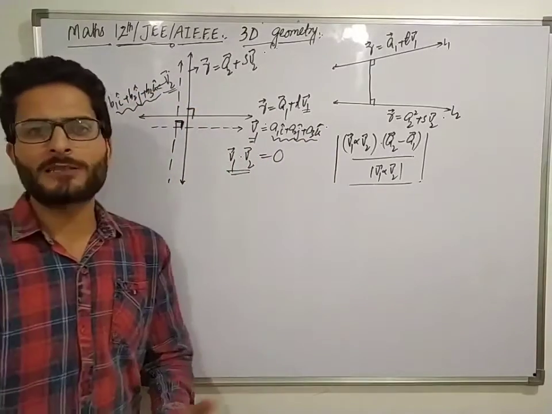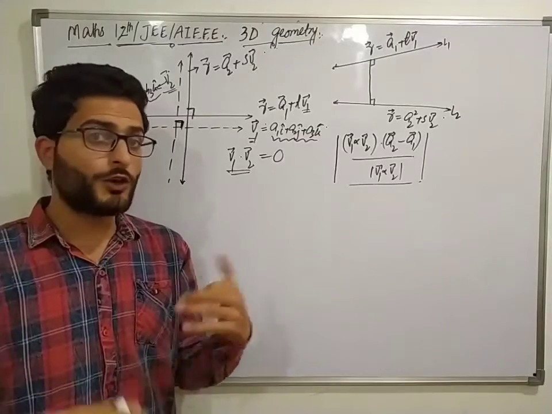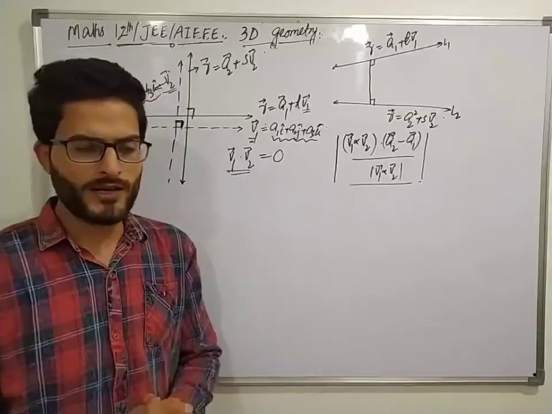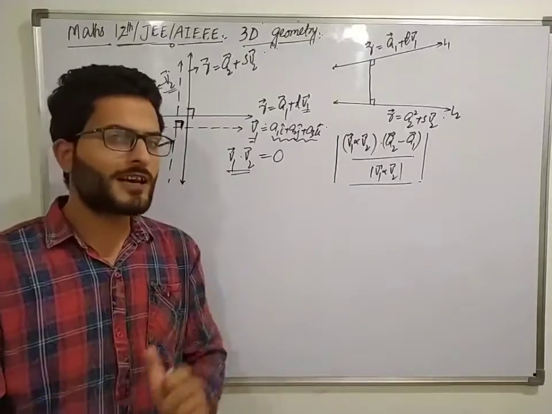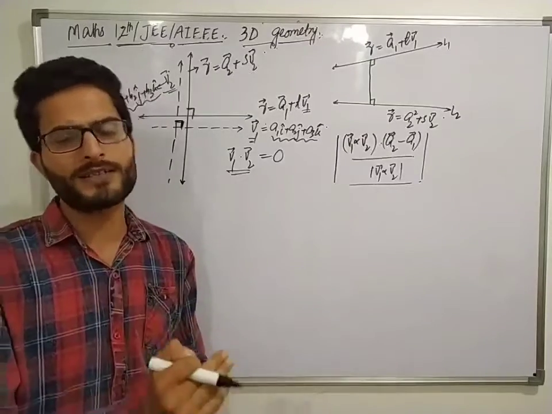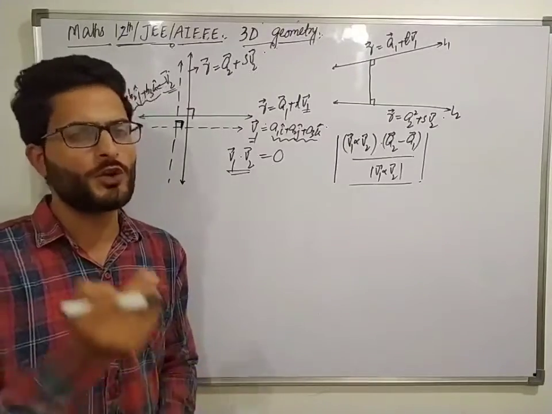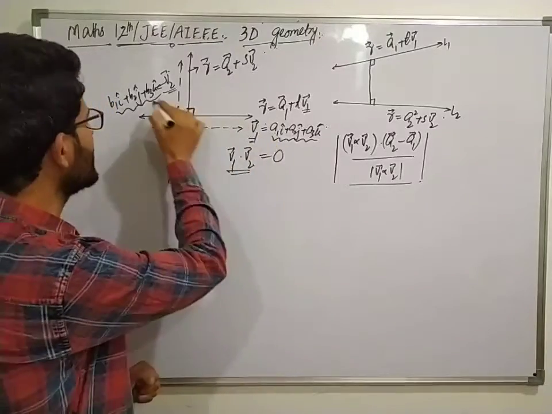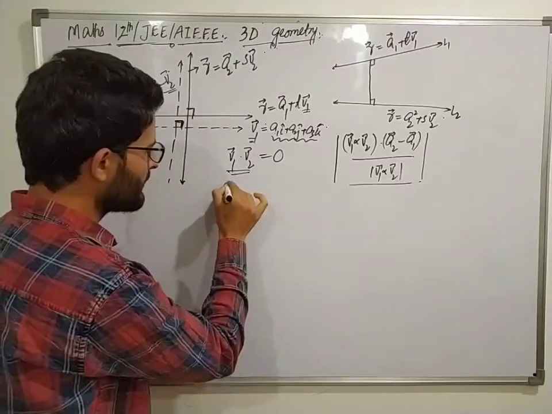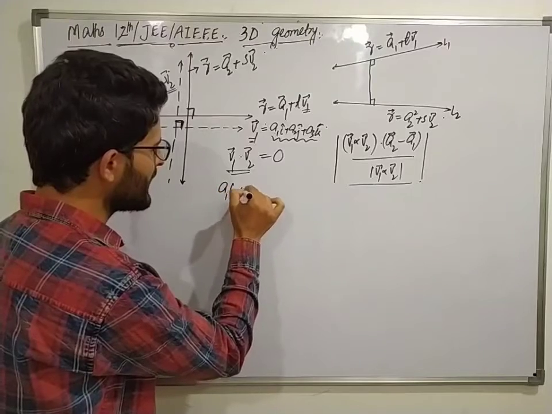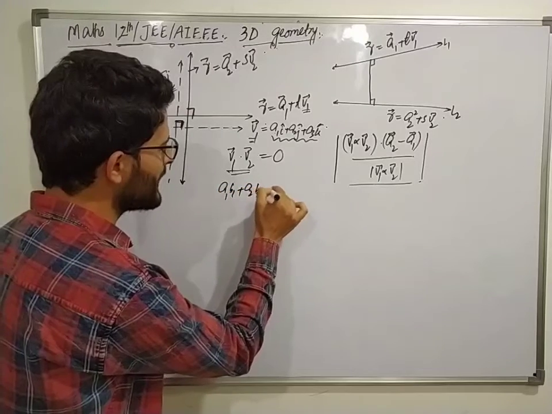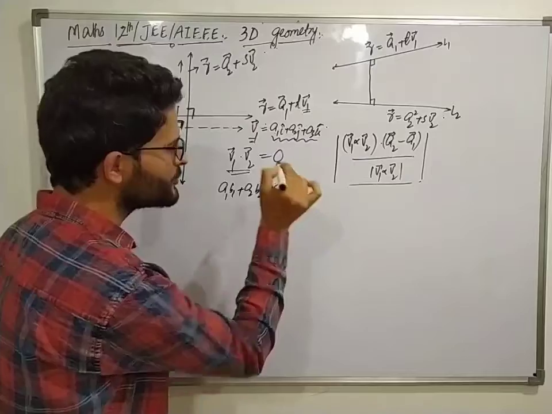When two vectors are expressed in terms of their components and you need to find their dot product, then their dot product is directly equal to the sum of products of their corresponding rectangular components. Means A1 into B1, so the dot product will be A1 into B1 plus A2 into B2 plus A3 into B3.